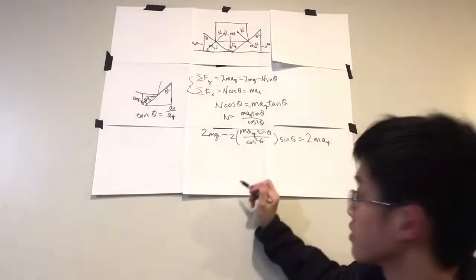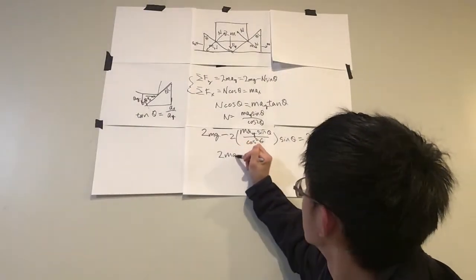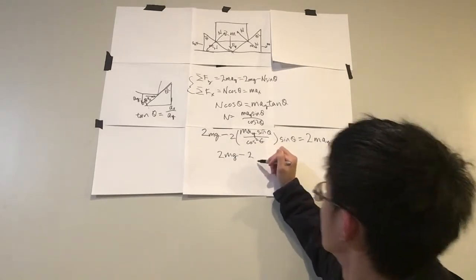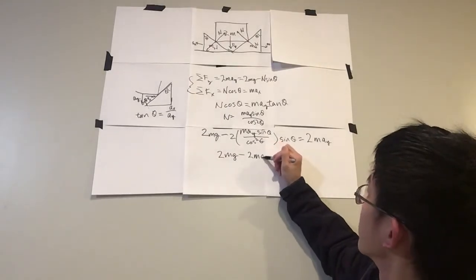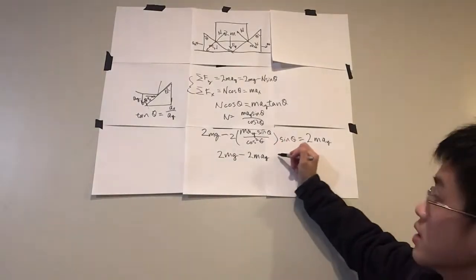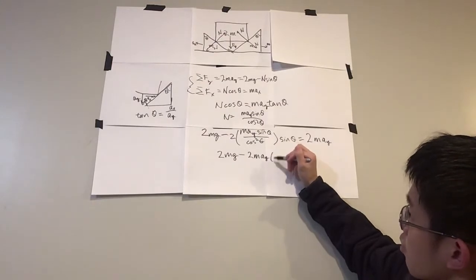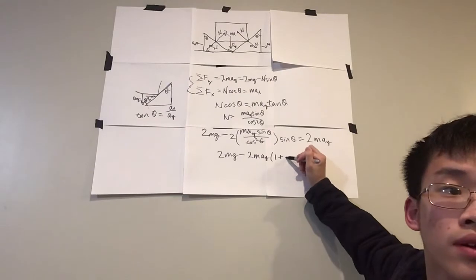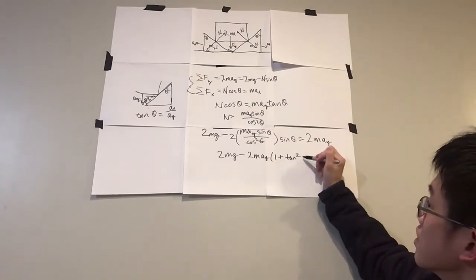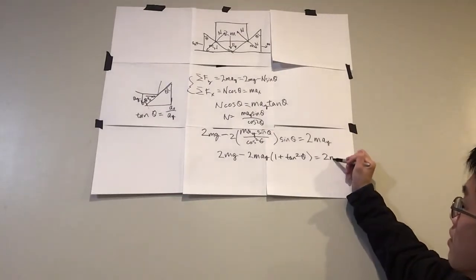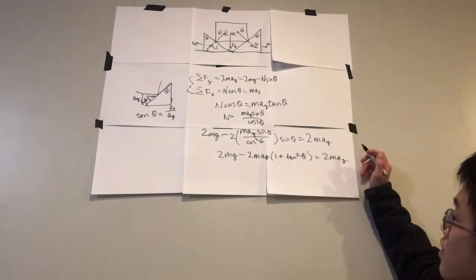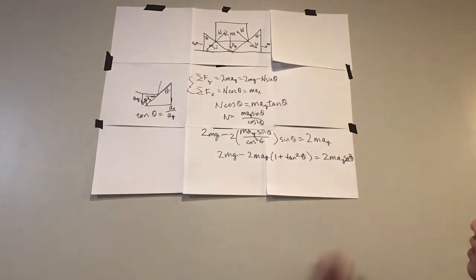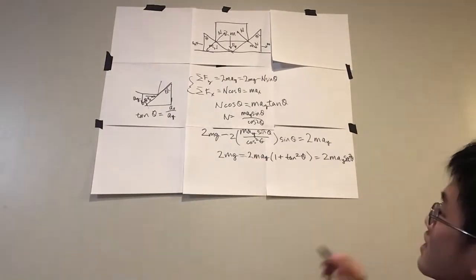And then we get 2mg minus 2m ay sine squared theta over cosine squared theta equals 2m ay. Oh, that's an equal sign there.